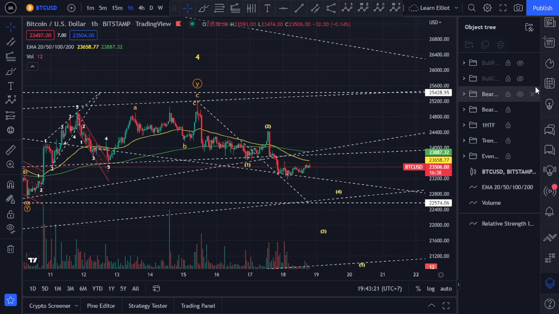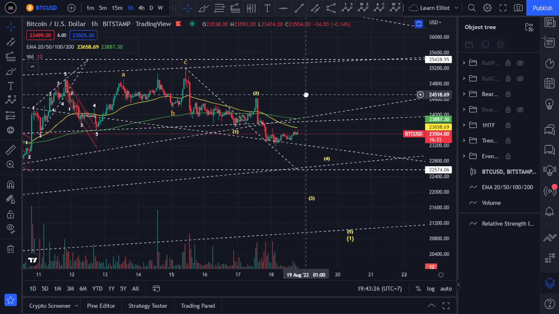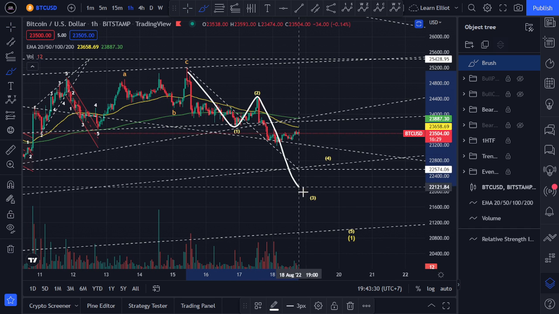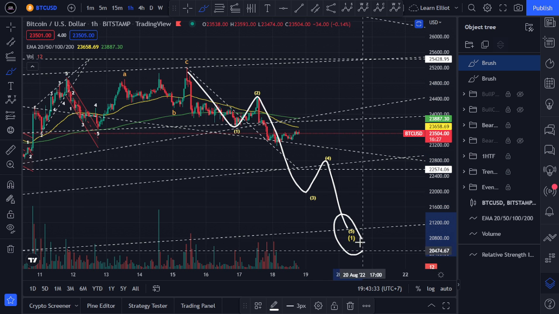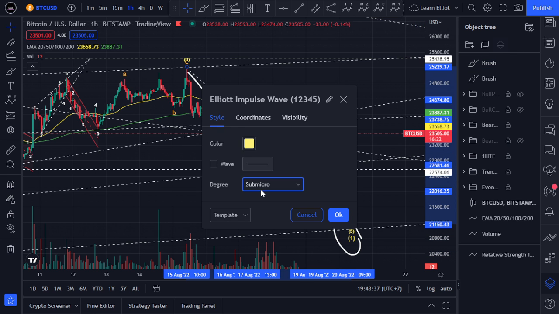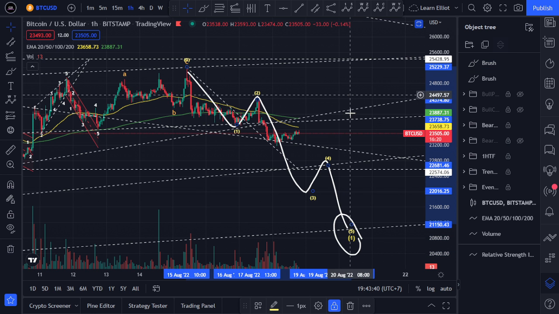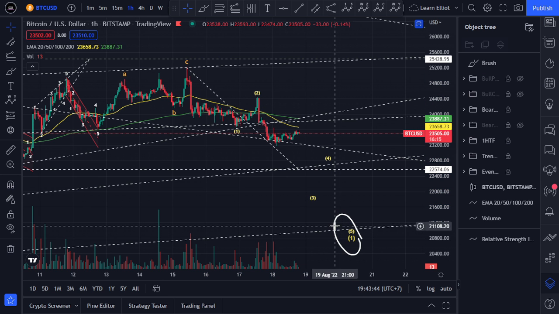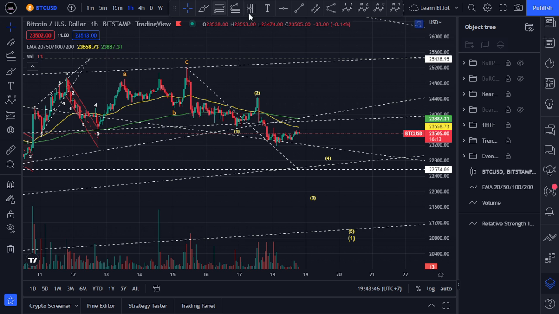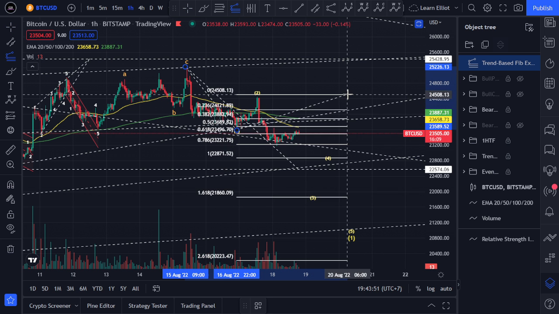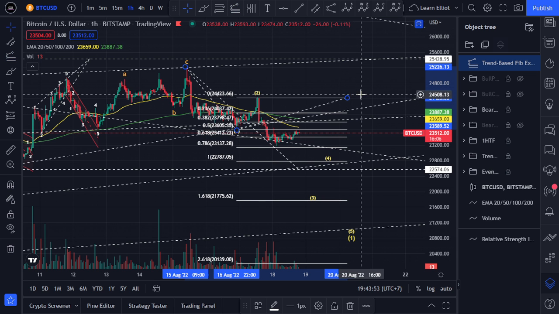Now with that being said, that we have the fourth wave complete, we are now in the first wave, second wave, third wave, fourth, and the fifth wave to complete the first intermediate impulsive wave to complete the fifth wave. Let's calculate where the ideal target for the third micro wave will be.